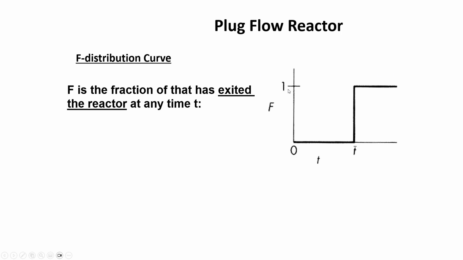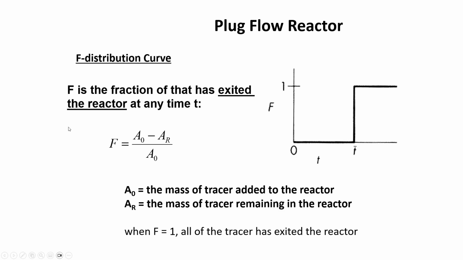So that's ideal behavior in a plug flow reactor. And the way that we calculate, if numerically we're going to do a graph of F, is it's the initial amount minus the amount that's remaining in the reactor divided by the initial amount. And so in the plug flow reactor, it's just all at once.